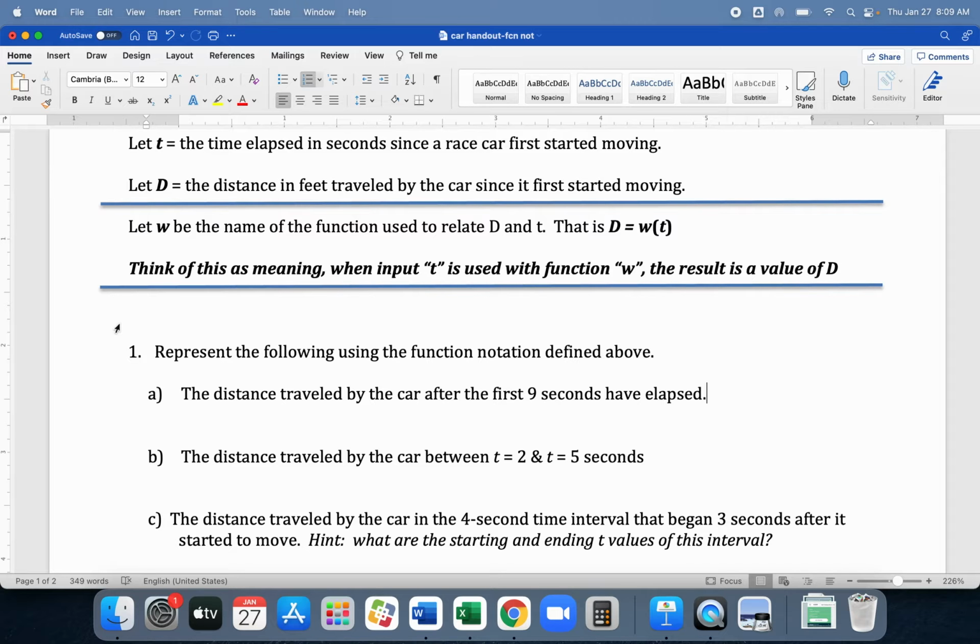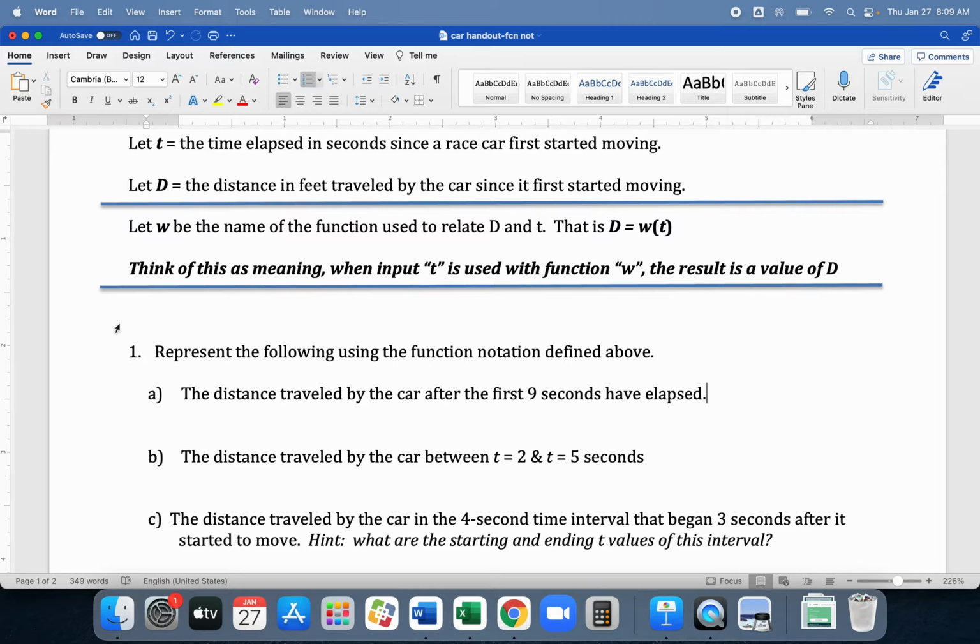And let's say that w is the name of the function to relate d and t. Let's say d equals w of t. So distance is a function of time, or time is the input, distance is the output. W is the name of the function that relates them in this case.